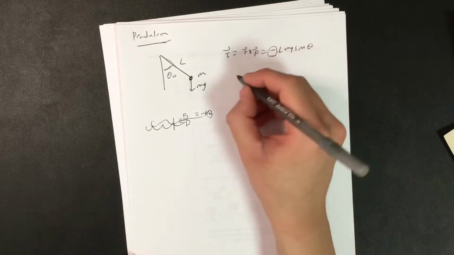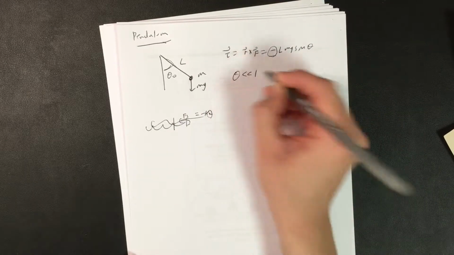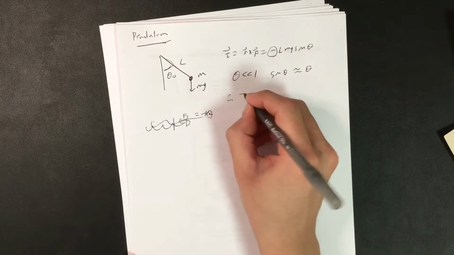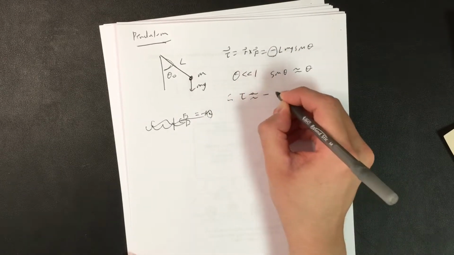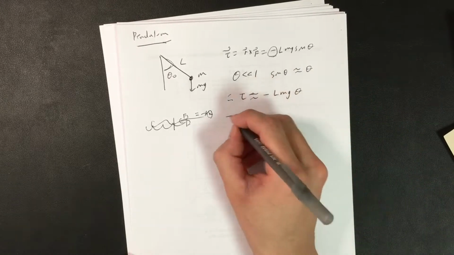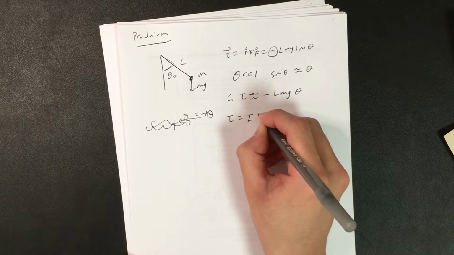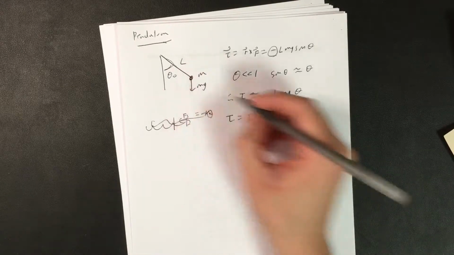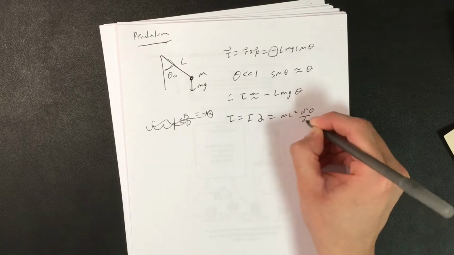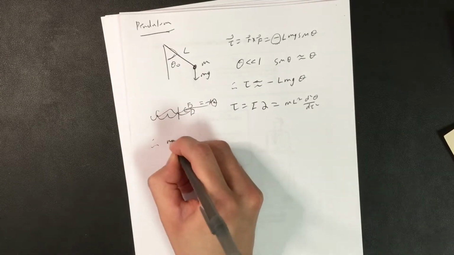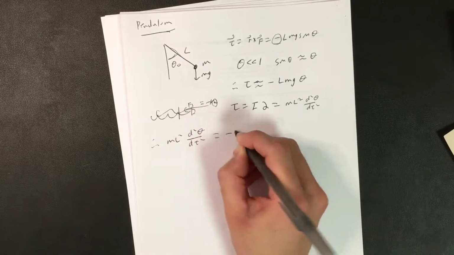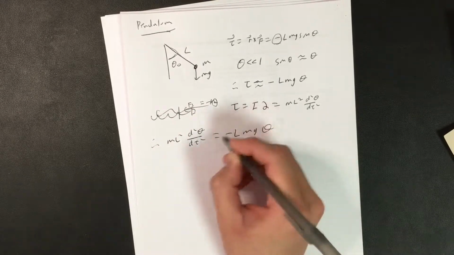Now, remember from the Taylor series that if theta is small, then sine of theta can be approximated as theta. Therefore, torque can be approximated as negative L mg theta. Now, since torque equals inertia times alpha, where inertia in this case is simply ml squared and alpha is d2 theta over dt squared, ml squared times d2 theta over dt squared equals negative L mg theta.